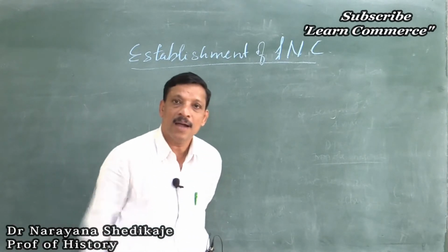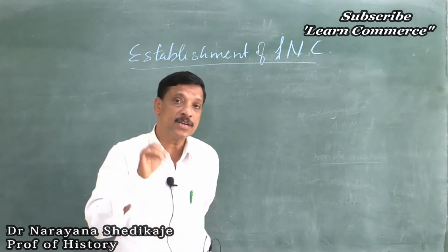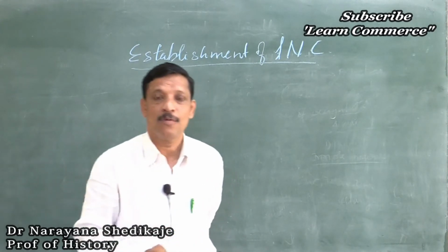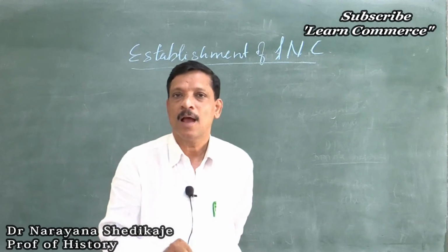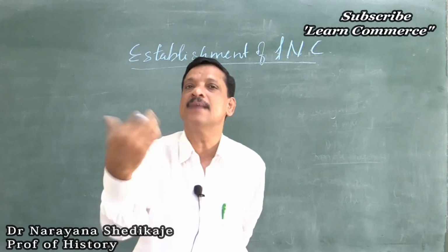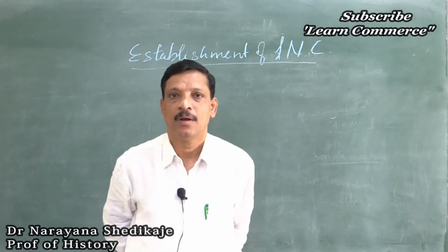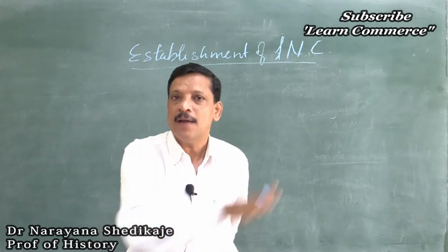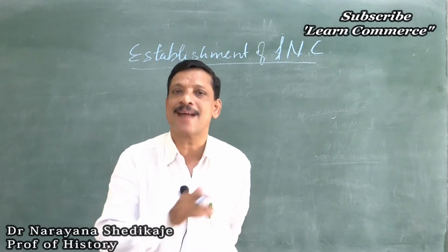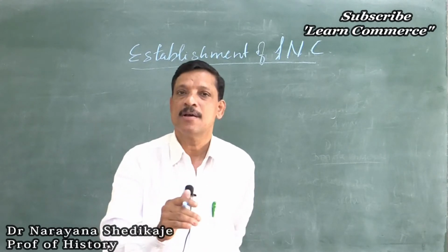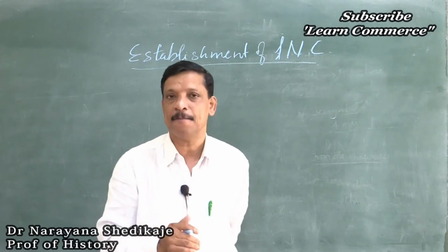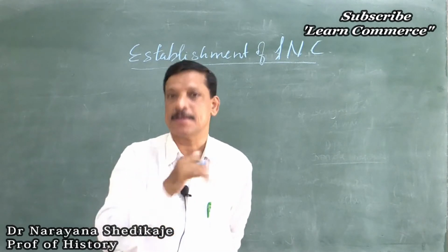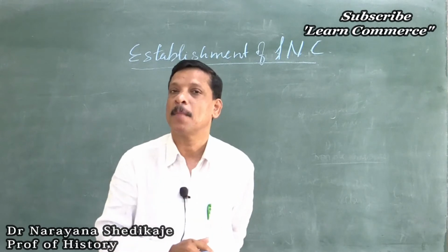And today we have to discuss how this national movement was made possible, an organized movement against the British. Especially, as I said, there were a number of movements, struggles and oppositions from the Indian side at different stages, at different times.